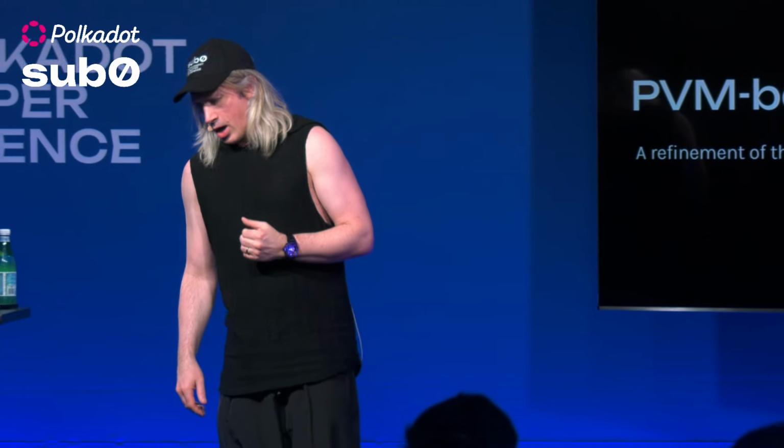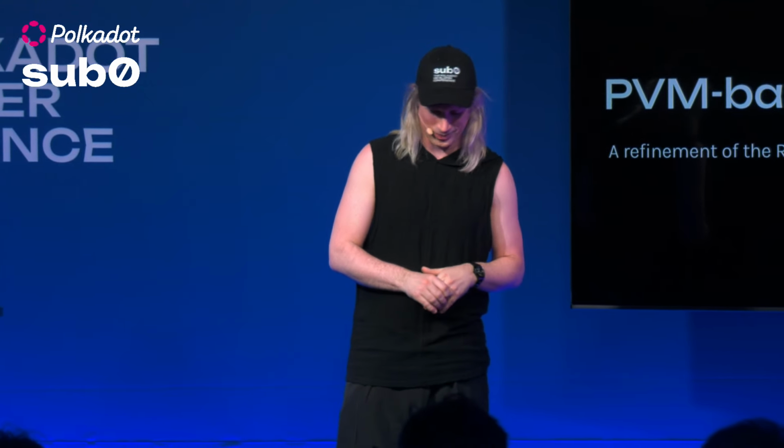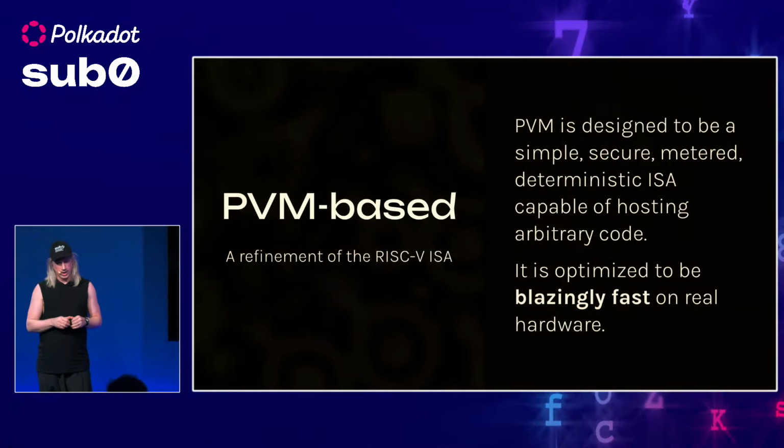What do I mean by arbitrary code, and why is it different to WASM? It's a pretty basic machine. If you've studied computer science and you've been introduced to a very, very simple machine, it's not far off that. It doesn't have much of the complexity that you might otherwise find, nor does it have much of the opinionation, or optimizations for certain use cases.